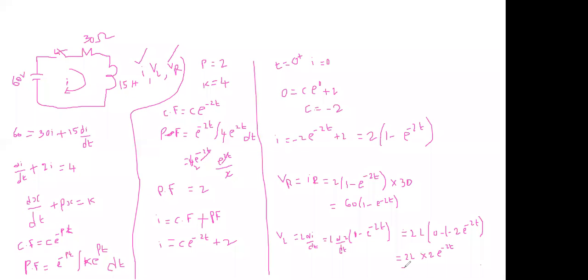Finally, 4L e power minus 2t. What is the L value? 15. 15 into 4, 60, so 60 e power minus 2t. This is the value of the voltage across the inductor.